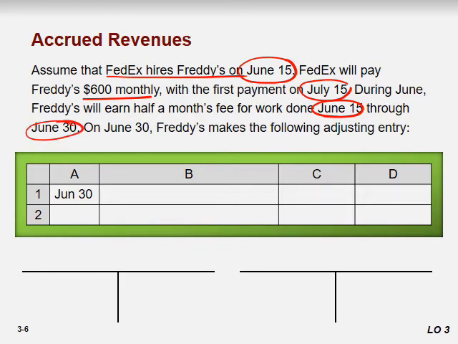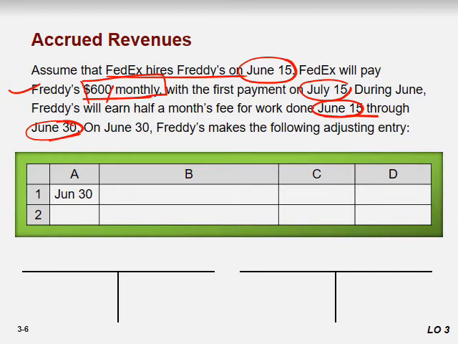So Friday's basically already earned its $600 monthly. So half of the month's fees, which is 300, because they have already performed the work from June 15 to 30th.